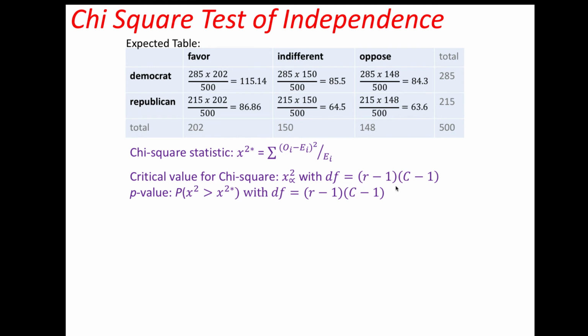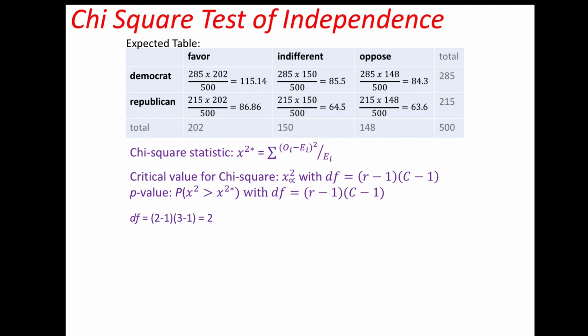And the degrees of freedom are calculated like this: the number of rows minus 1 times the number of columns minus 1. While the p-value is defined by this, the probability that your chi-square value is greater than your observed test statistic for chi-square, with, again, your degrees of freedom being the number of rows minus 1 times the number of columns minus 1.